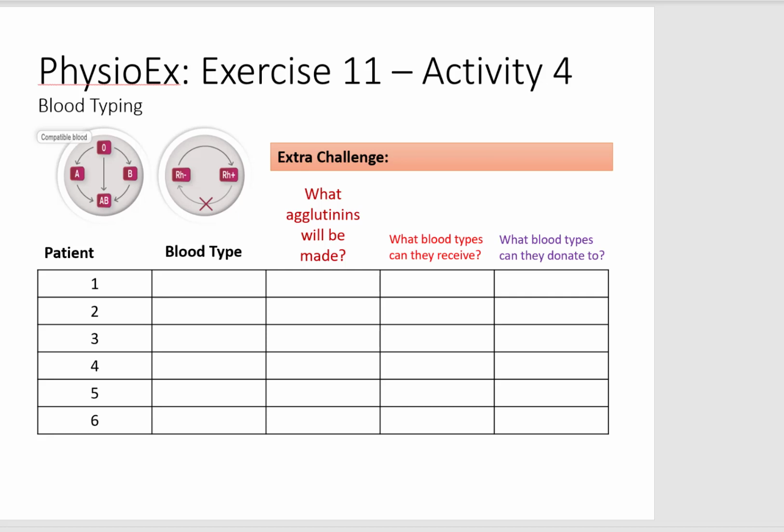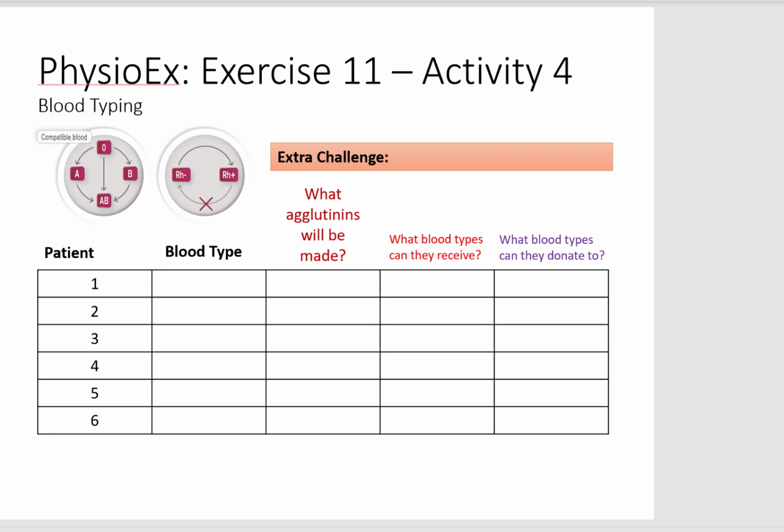We had 6 different patients and we had to blood type these patients. In the interest of time, because there's a challenge I want to give you, let me just tell you what blood types you should have detected in these 6 patients.